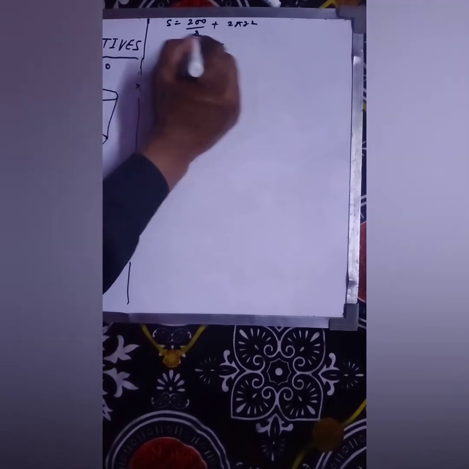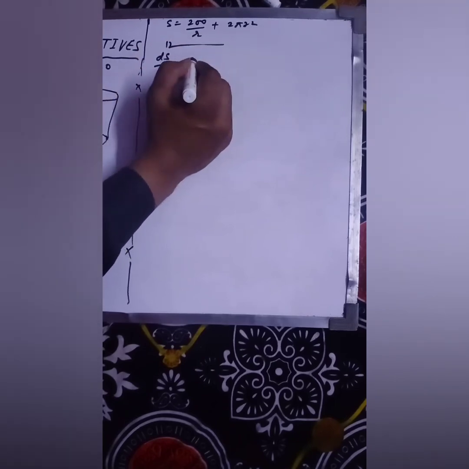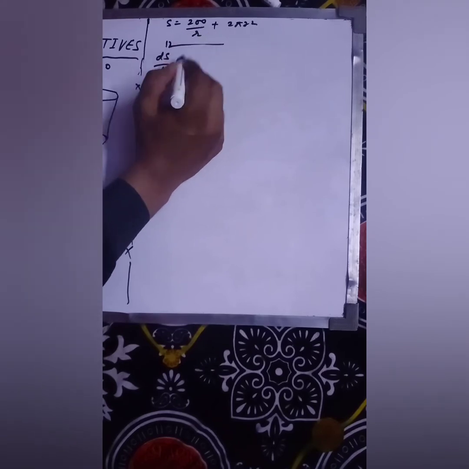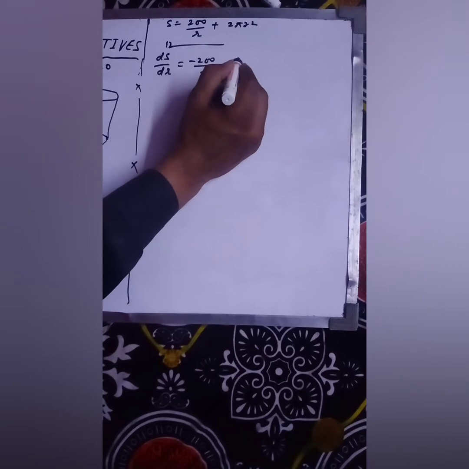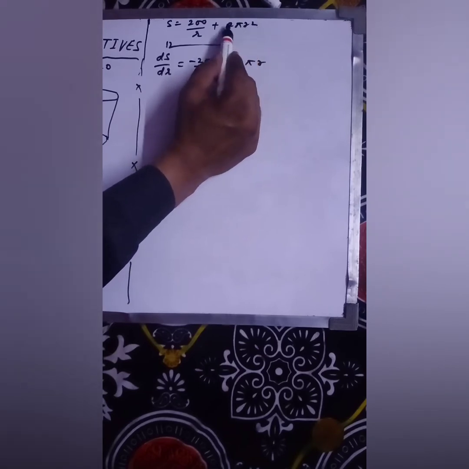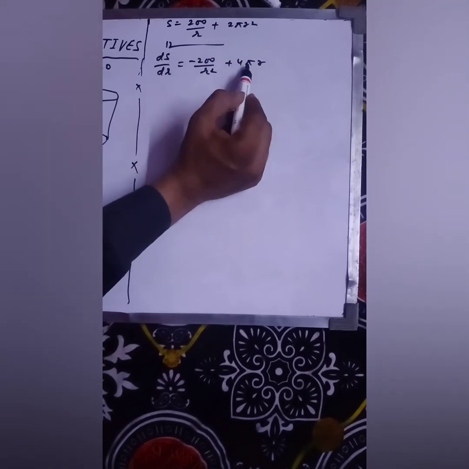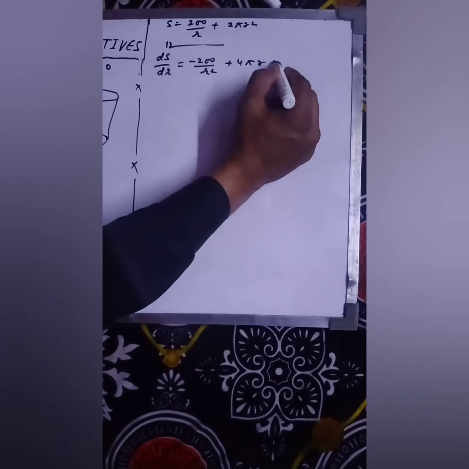Now we are differentiating this with respect to r, so dS by dr is equal to, derivative of 1 upon r will be minus 200 upon r square plus 4 pi r. Derivative of r square will be 2r, and 2 into 2, that would be 4 pi r. Fine. So this is your equation number 2.